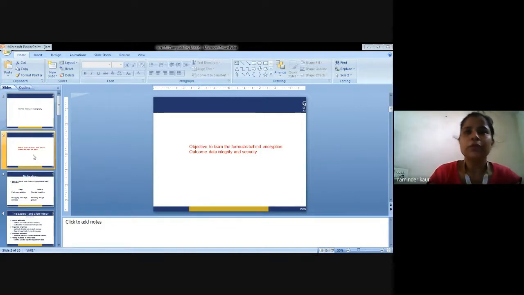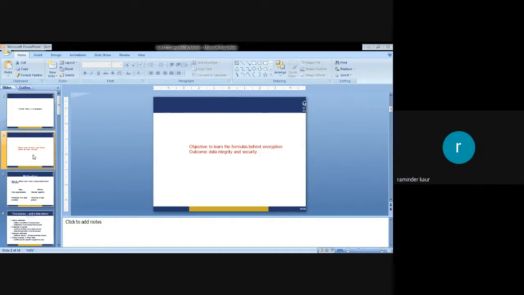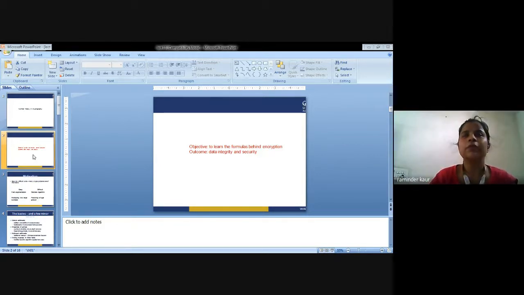So I am going to study number theory in cryptography, in which we will again use similar terms like integers. What are integers? What is the use of sets? What are the various operations that can be applied on sets, like union, intersection, not, complement? These are all the operations that we are going to discuss, because we are supposed to apply those formulas and strategies to the encryption technique so that our data can be secured while it is transferred over the network.